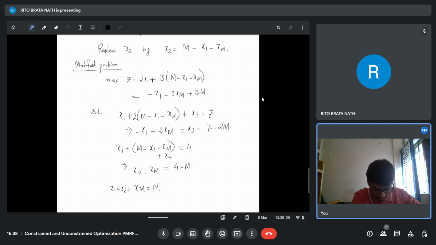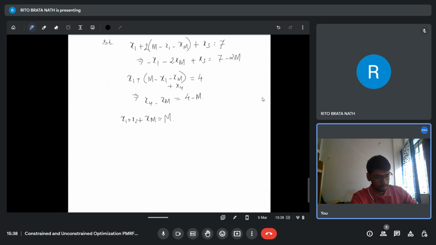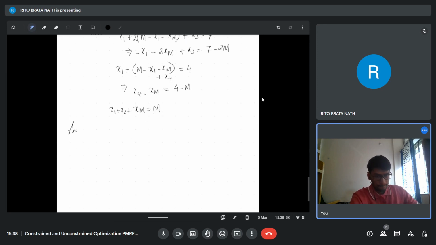Okay, so that's there in B and D, and plus x3 equals 7 minus 2m. So B and D could be potential answers. And the final one is x4 minus xm equals 4 minus m. So that's there in D, not in B. So D will be the correct answer, right? The answer is D.